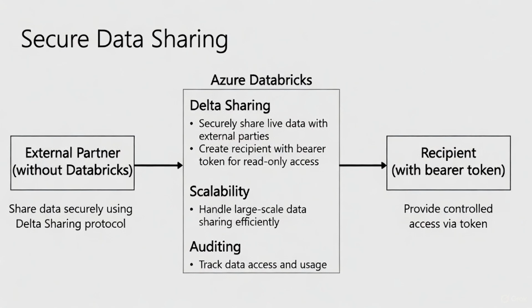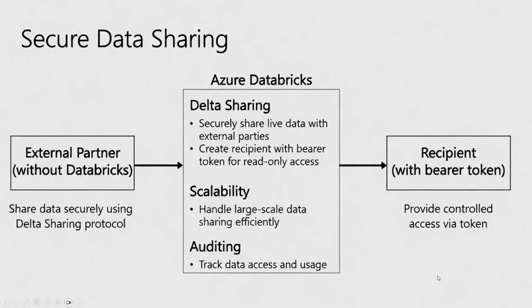The bearer token is especially neat because it comes with a credential file and an activation link. You can share that safely, and the recipient gets read-only access. No need for them to set up a Databricks workspace, no admin access, no emailing giant CSV files around. It's secure, scalable, and auditable.